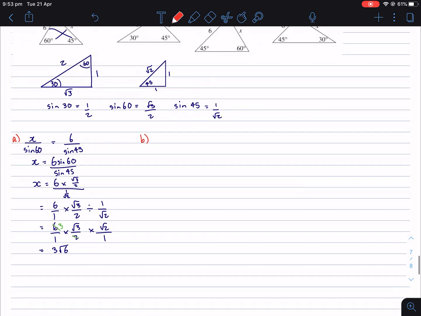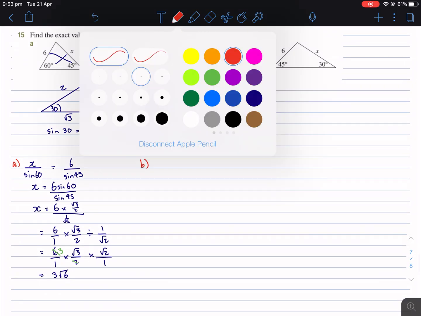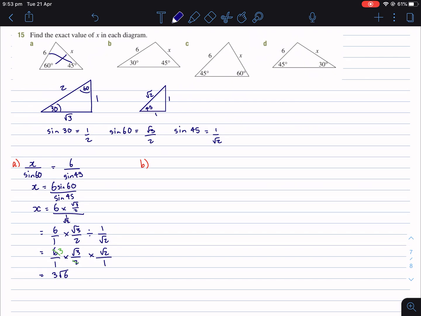Question B. Here we've got x over sine 30 equals 6 over sine 45. So we've got x equals 6 sine 30 over sine 45.